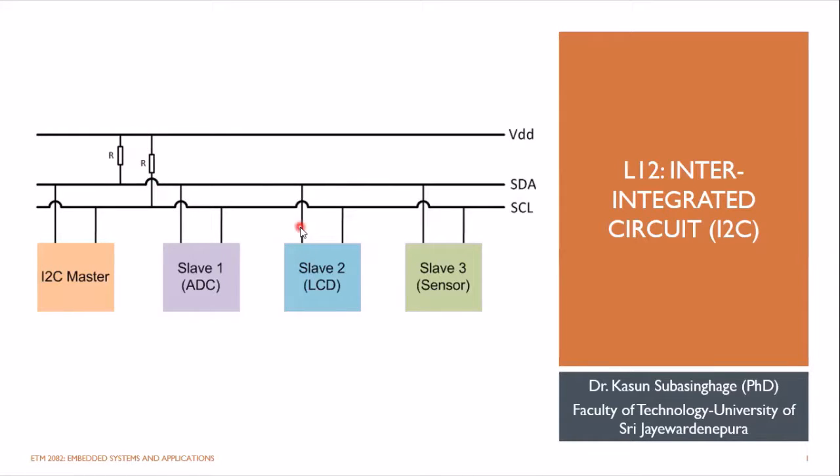If you buy any I2C-capable sensor, the datasheet recommends the resistance values you have to use, so you don't need to worry about that, and the maximum distance you can connect to your device. We will discuss the sensors in more detail in upcoming lectures, but today I'm going to give you a brief introduction to what this protocol is and how it works.